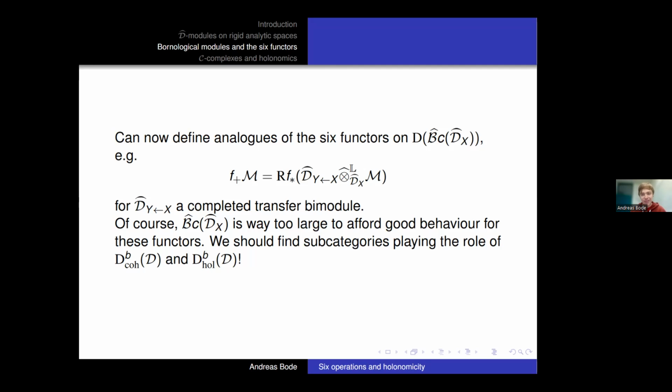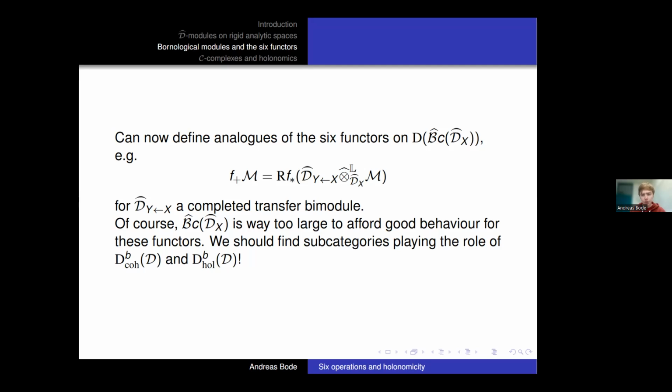The downside is that this category is so ridiculously large that you can never hope for good behavior of these functors on the entire thing, right? Note, for example, that so far I have not imposed any kind of quasi-coherence condition. These are literally just sheaves of modules, nothing further. So it's a really, really big category, lots of crazy behavior.